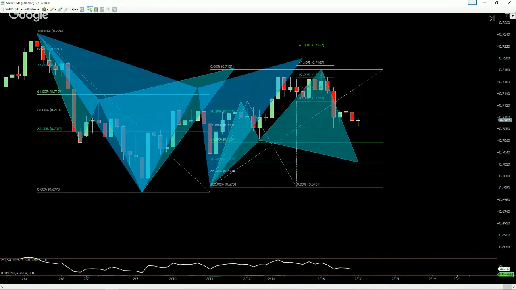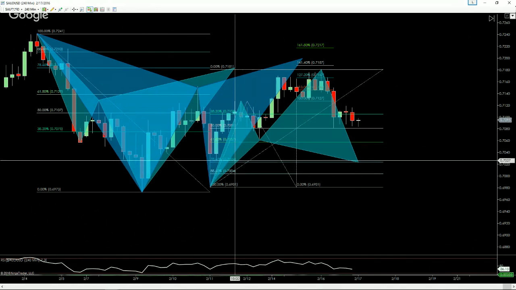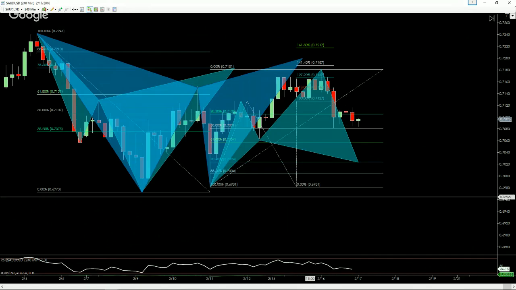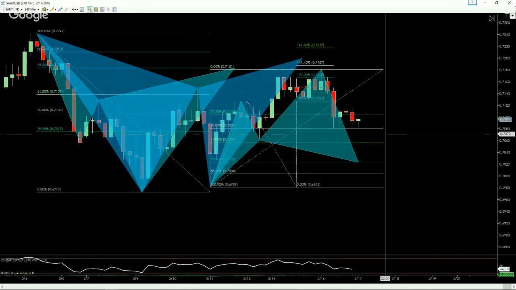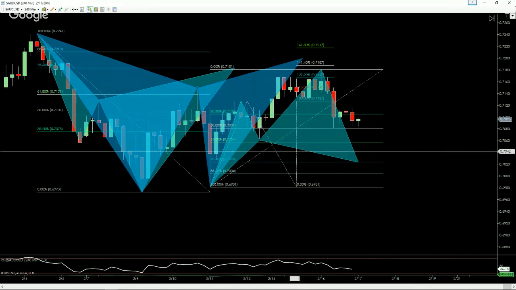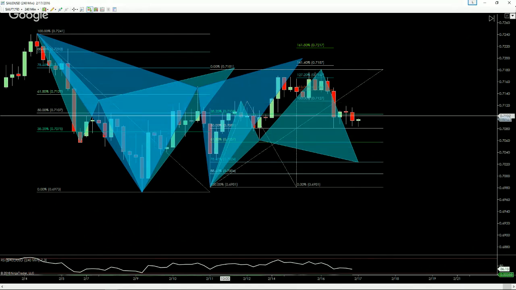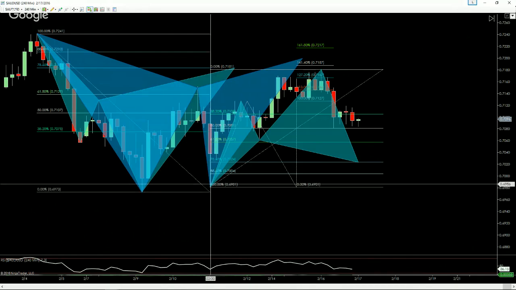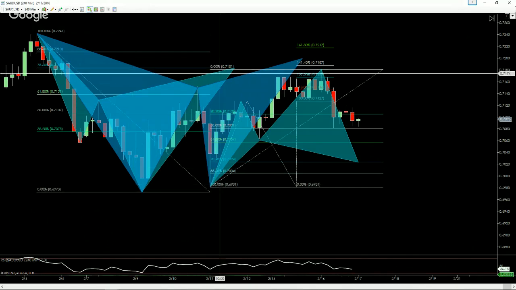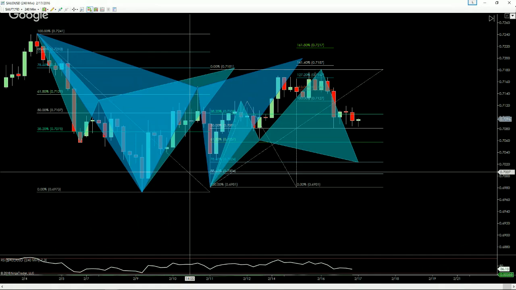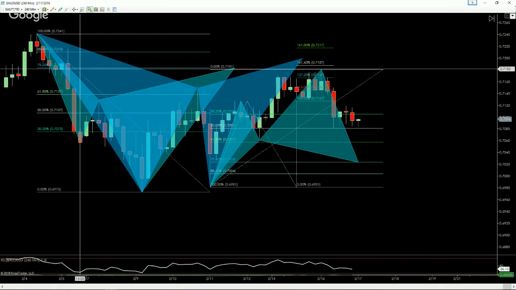So cipher pattern right here completes on this 786 target, same thing, the 382 and the 618 for target 1s and target 2s. If that completes and we don't violate this level of structure right here, we could actually still have that Gartley pattern as a valid pattern.